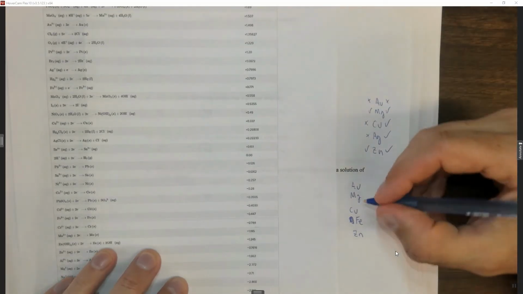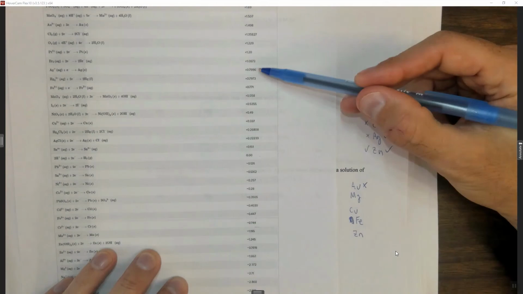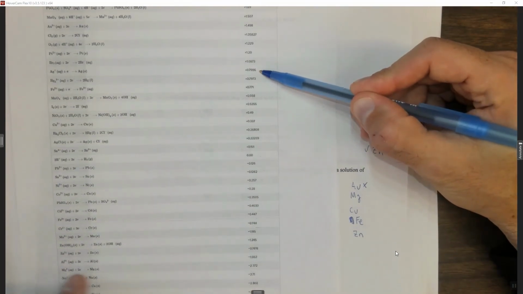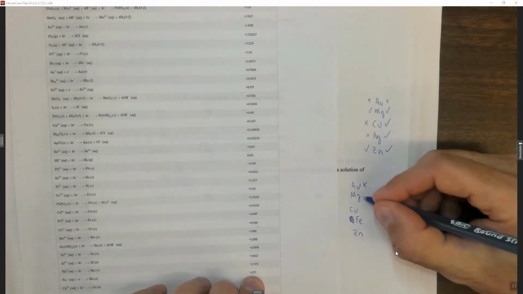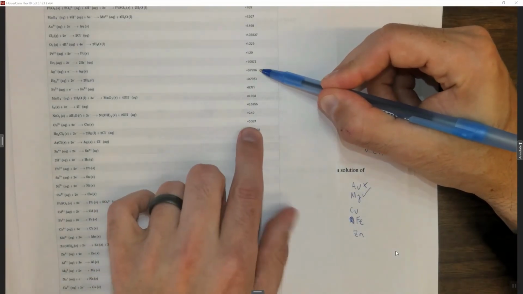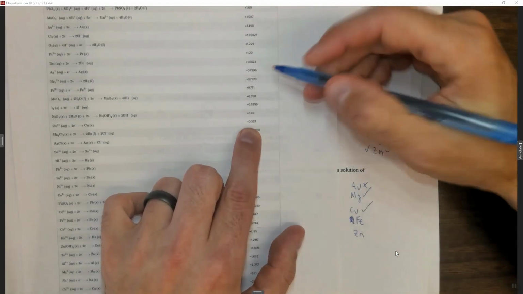So gold will not precipitate. How about magnesium? Oh, it's right here. It's way down here. It will definitely precipitate silver metal. How about copper? Copper is pretty high, it's positive, but it's still lower than silver, so it will precipitate silver metal.